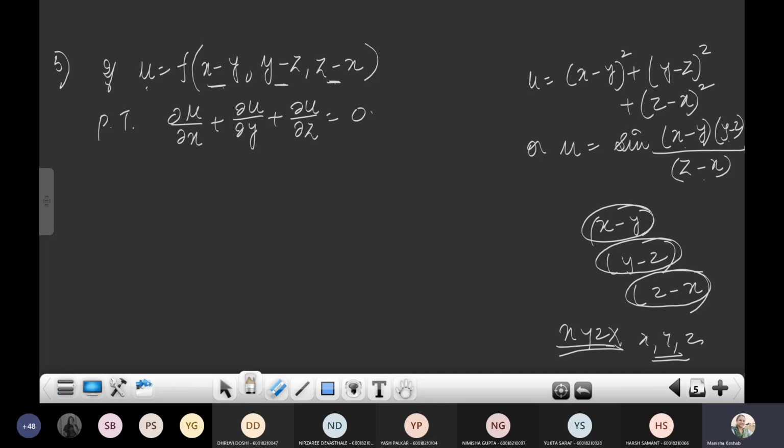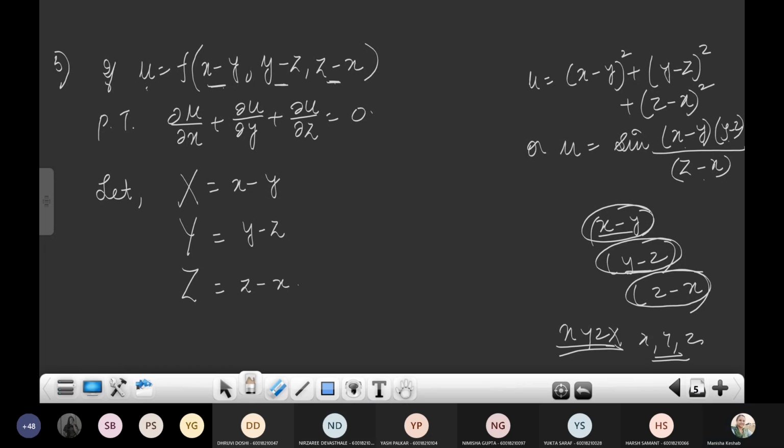Now, instead of considering this big thing, that x minus y, y minus z, z minus x, because it involves minus sign in between, let me consider that my big X is equal to x minus y, big Y is equal to y minus z, and big Z is equal to z minus x.